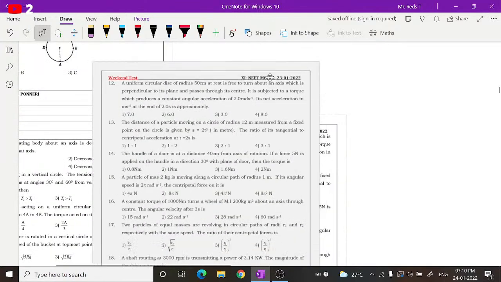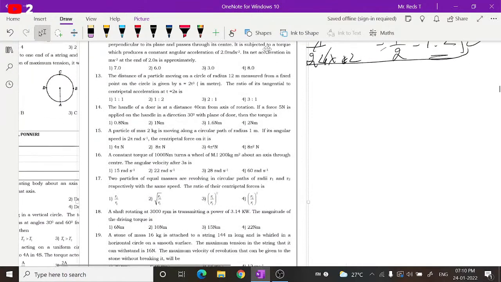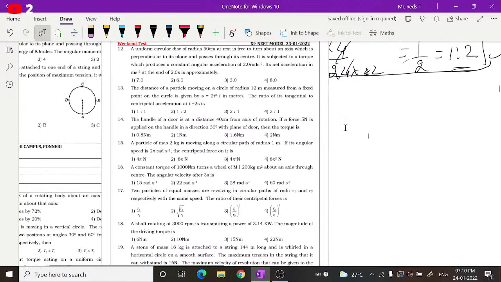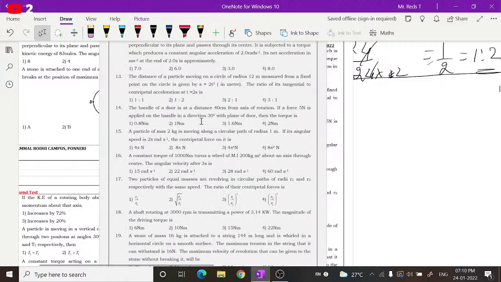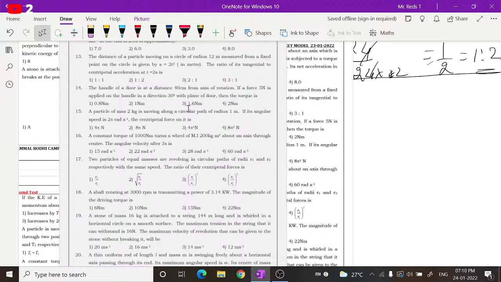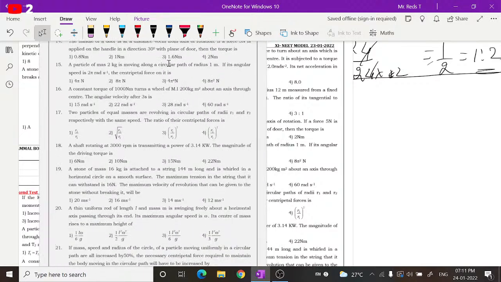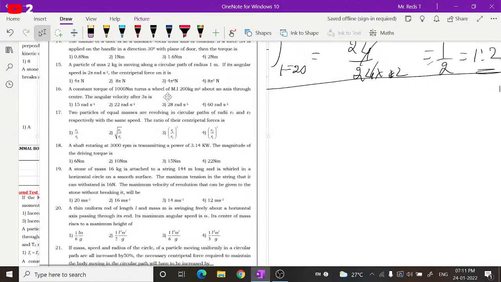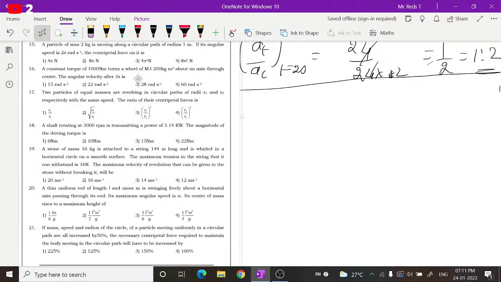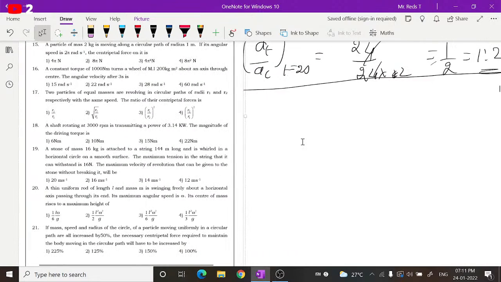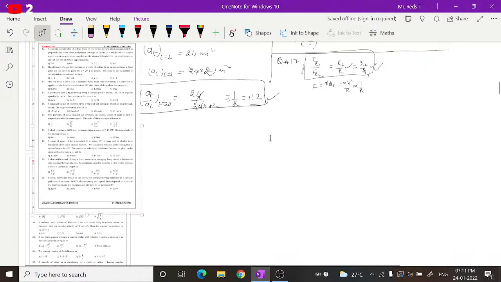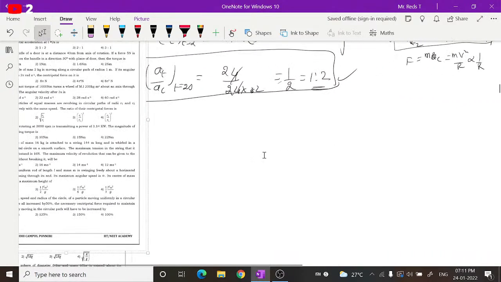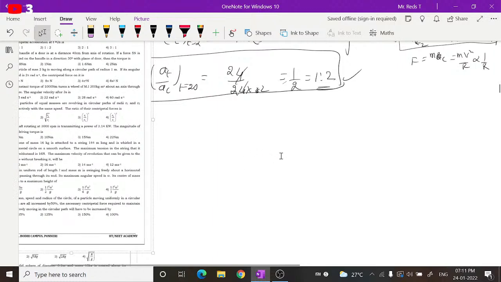Let me drag this up so that we can work out the 19th question. Keep this nearby to be visible. I hope it is okay now.